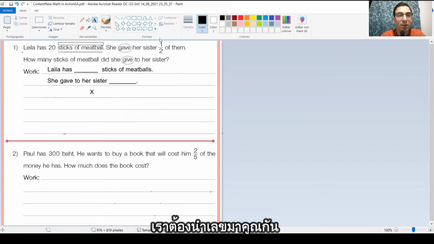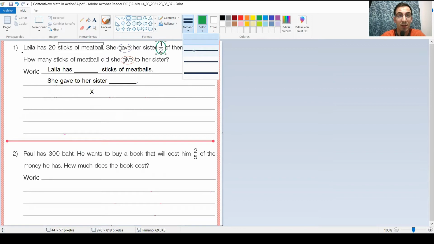It is a multiplication of the part of all the meatballs she has, multiplying the total of sticks that she has. This one is green.